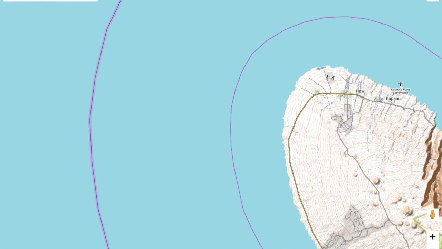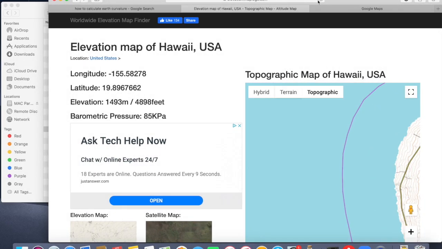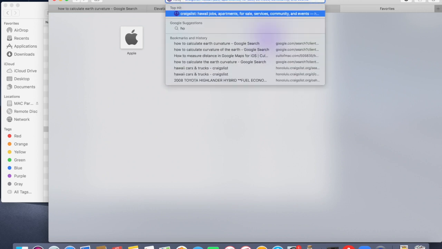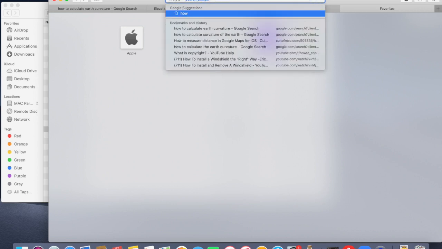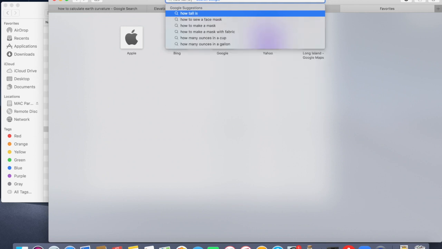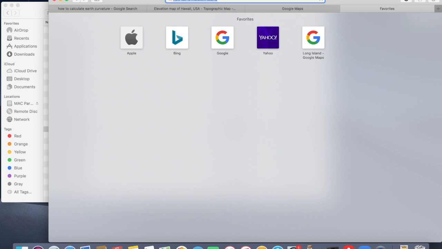Because on the highway we can see the sign, it says 1,500 feet of elevation. And we go up a little bit and then we go down a little bit. So I got a few clues that we're about 1,500 feet to view this video here I'm about to present to you.